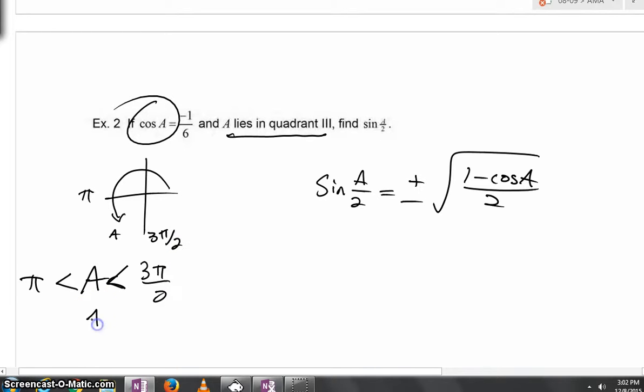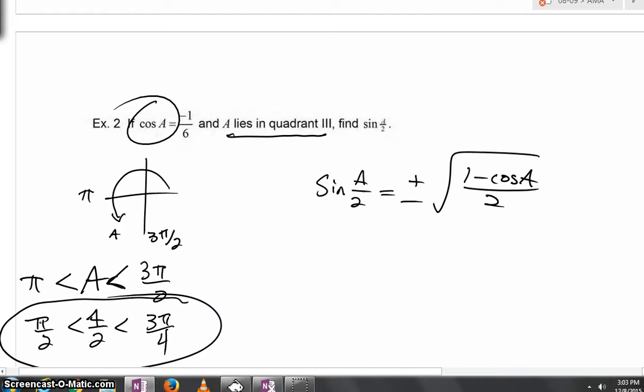And then you'll say, well, I need to cut that angle in half. Well, that means cut pi in half and cut 3 pi over 2 in half. What do I get when I take half of 3 pi over 2? 3 pi over 4. What quadrant are you in if you're between pi over 2 and 3 pi over 4? You're in quadrant 2.